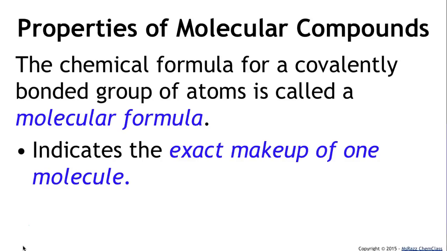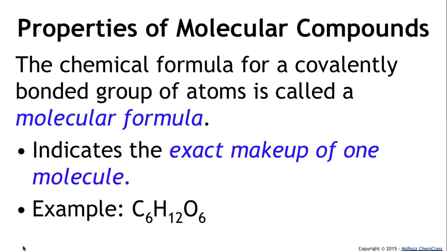Whereas if I did sodium chloride for an ionic compound, it would be very much part of a much larger structure. Right? So here's an example. This is glucose. This is the fuel that your body uses to generate most of its ATP. And when we see C6H12O6, if that were an ionic compound, we would reduce that to CH2O because you divide all those by 6.